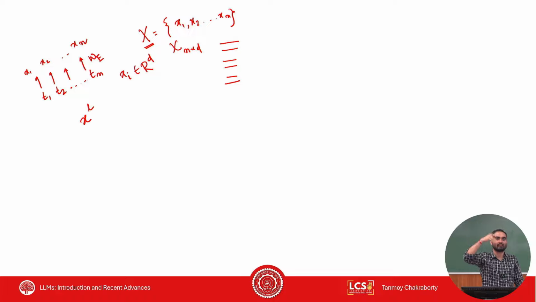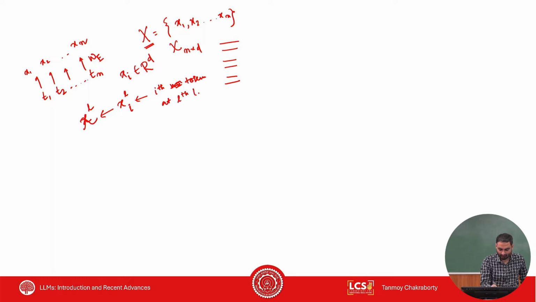So X will be updated after every layer. So for every layer L, we have this X matrix which will be updated, right? So one of the elements of this X matrix is, let's say, xi. This is the ith token, ith word at the lth layer, right? Remember this, ith word or ith token at lth layer.